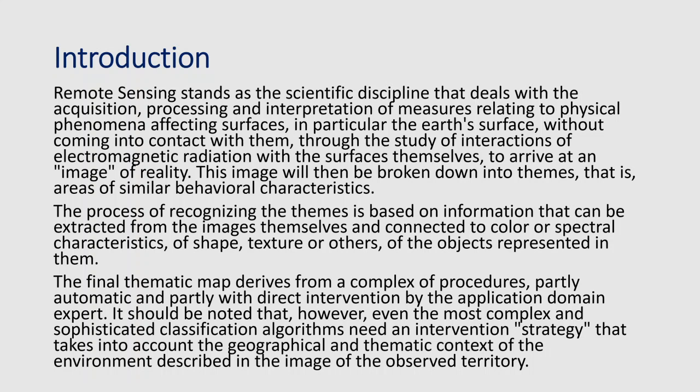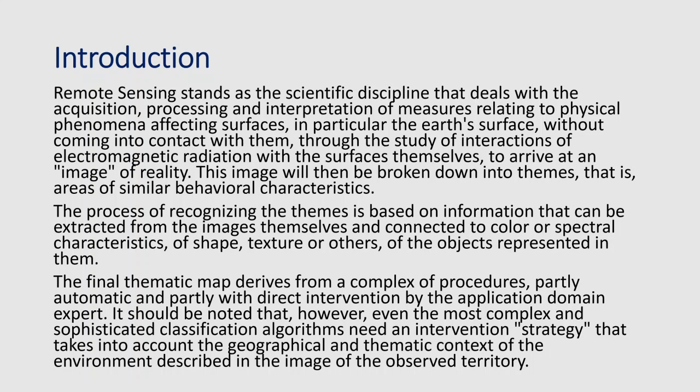So, in this introduction, what is very important here, and what I mentioned since the first lecture, is that now we have acquired the data on board the sensor of the satellite, and after transmitting that to the ground station, we need to extract information from this data.